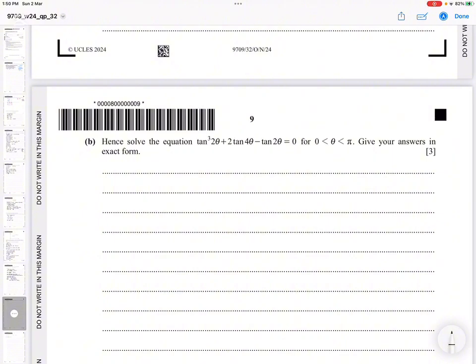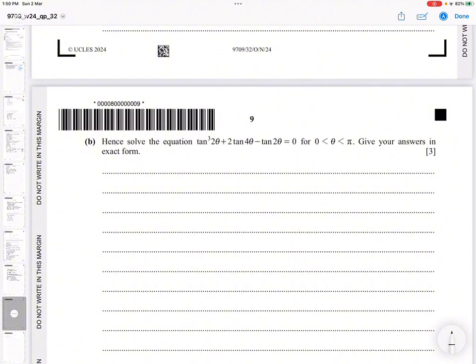In part b, hence solve the equation for theta between 0 and pi. Give your answer in the exact form. Exact form means we do not use a calculator.